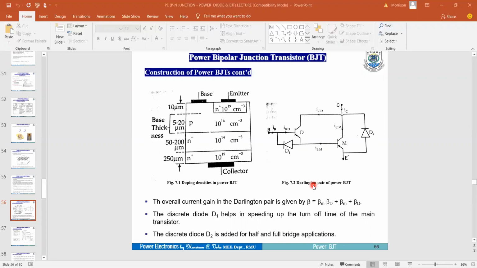For the current gain, you need a current gain to be able to enhance your switching abilities.